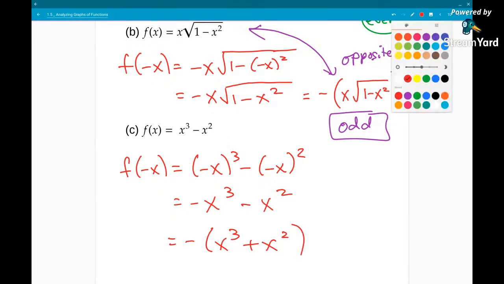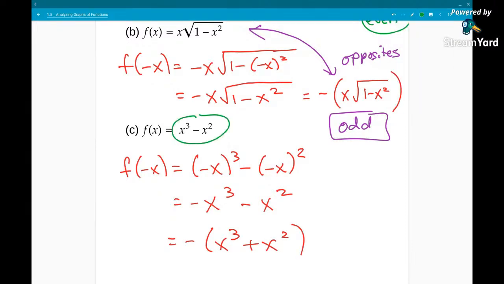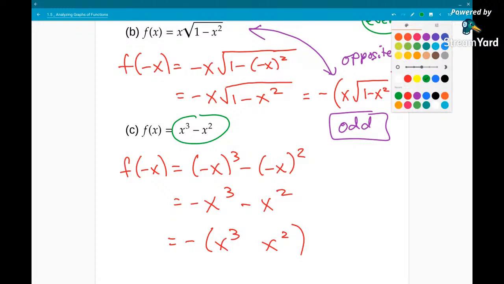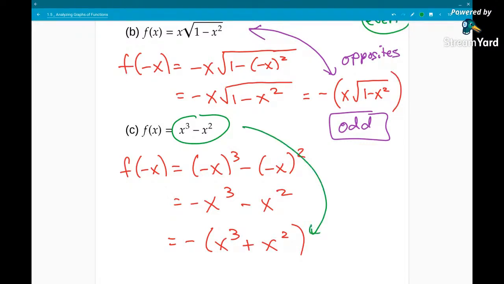And now look at this. x cubed minus x squared, x cubed minus, oops, I lied. This is a plus. So immediately, these are not equal. These are not opposites. This is an example of a neither. So this function is neither odd nor even.